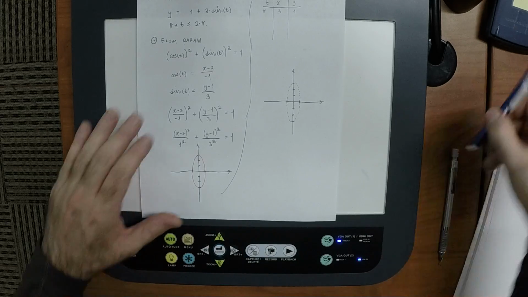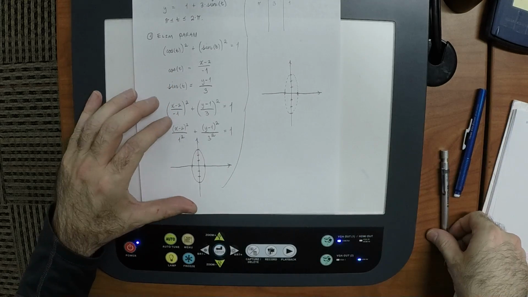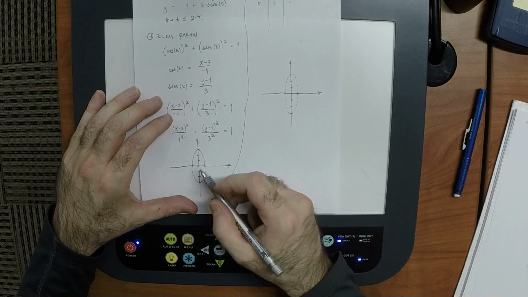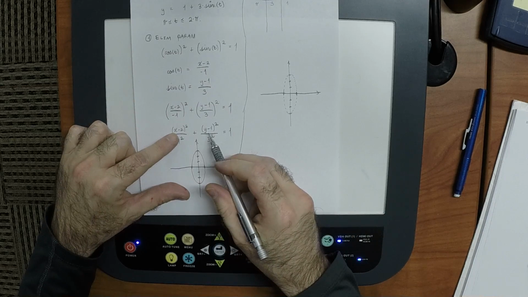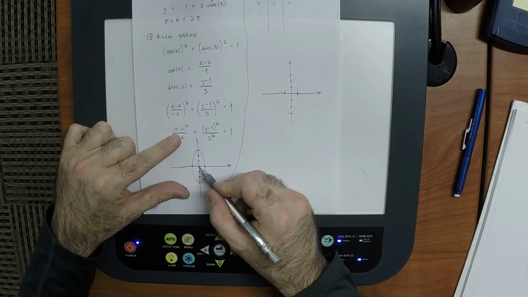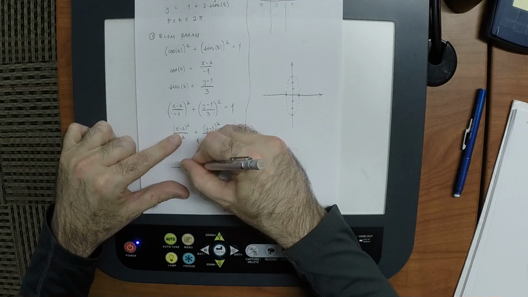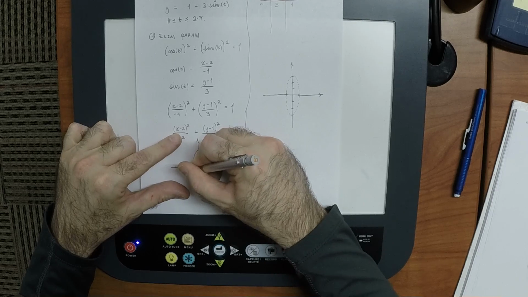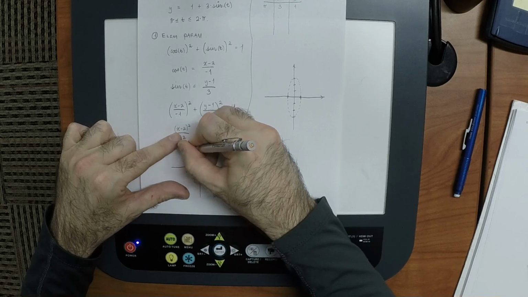Okay, so let me fix that real quick. I really want that to be 2, 1. That's what I want that to be. So that means I need a mark there, and I need a mark there, so the origin is actually right there.